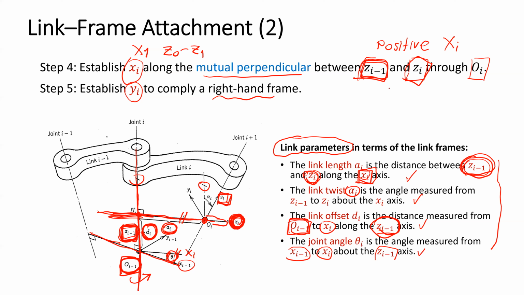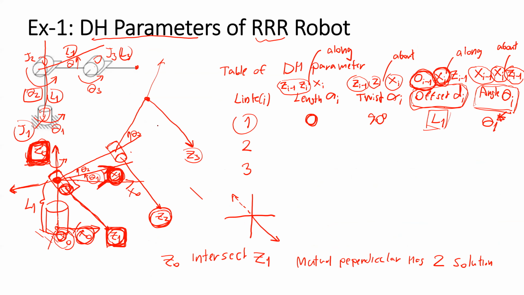So when we look here, X2 should be in this direction. X3 should be the mutual perpendicular between Z2 and Z3, so X3 should be in this direction.